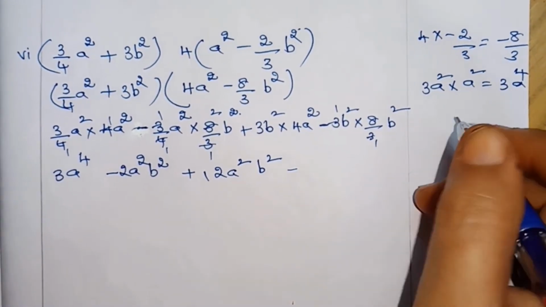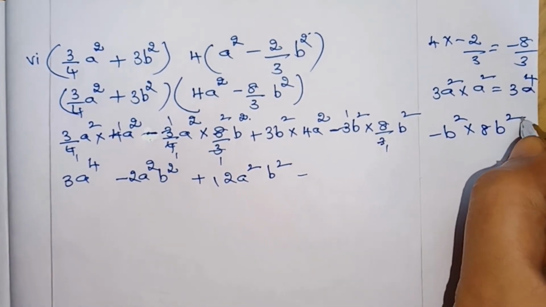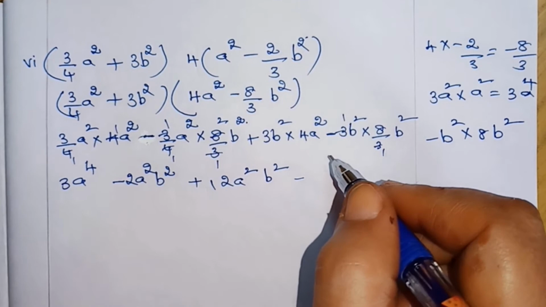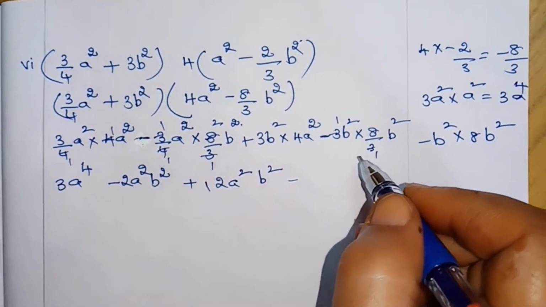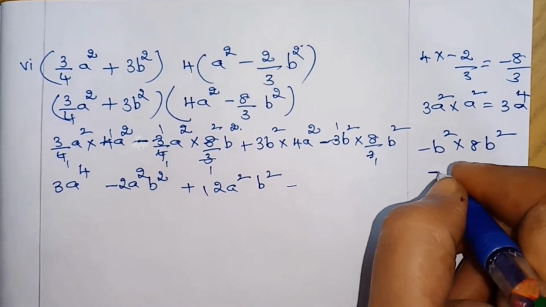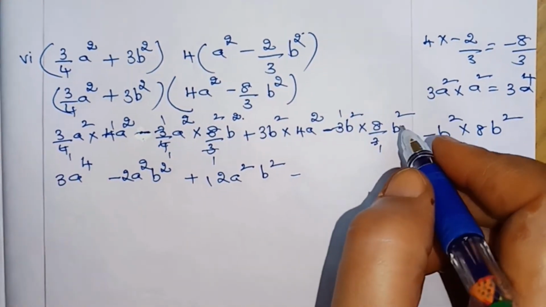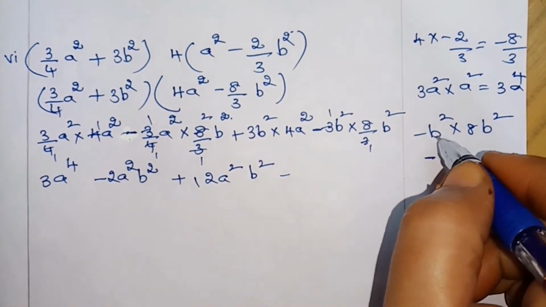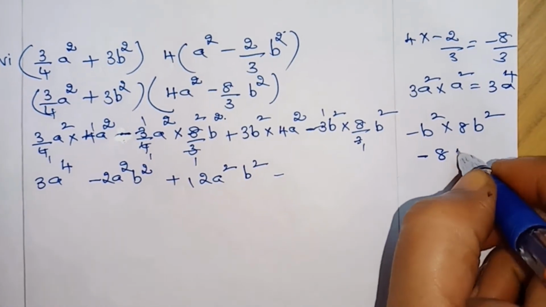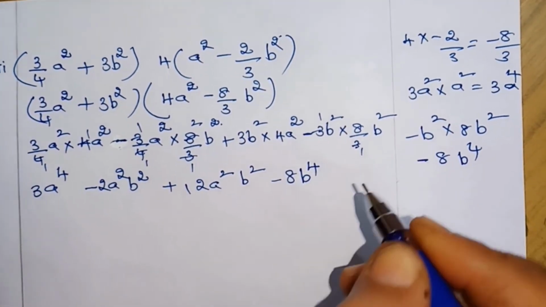It is minus b square into 8b square. Minus into plus is minus, b square into b square is b to the power of 4. So it is minus 8b to the power of 4.